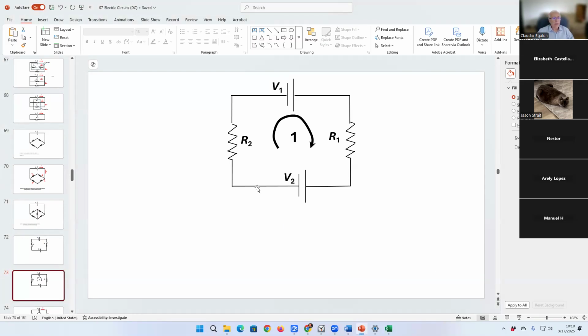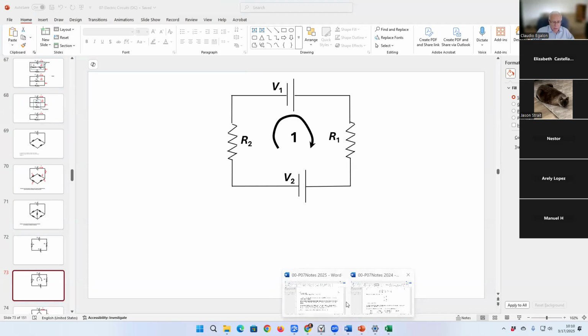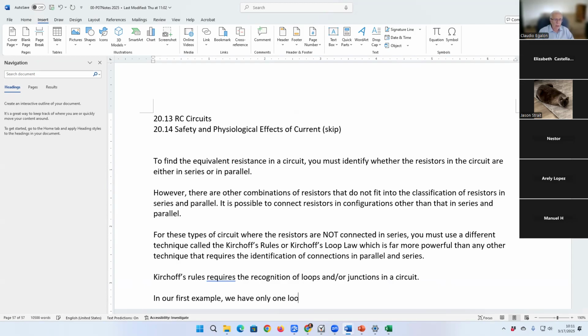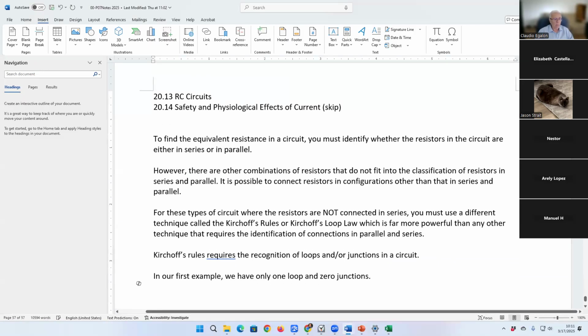Okay, so the first thing you have to do, let's go back here to my notes. Kirchhoff's rule requires the recognition of loops and junctions in a circuit. In our first example, we have only one loop and zero junctions.